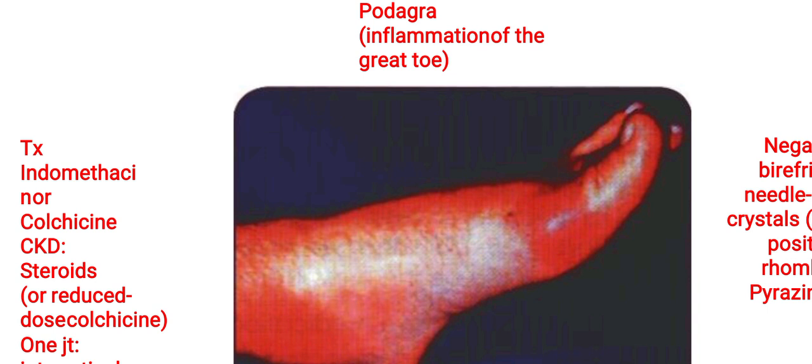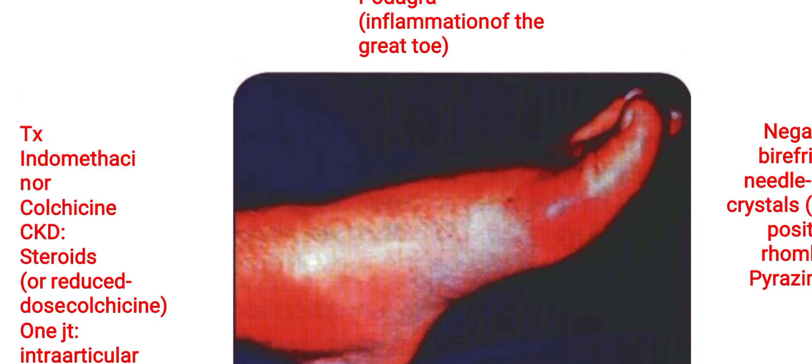Mostly questions come in the exam on the treatment of gout. So you have to see the scenario: either it's asking the initial management, like treating severe pain if the patient is having it, or sometimes they give an association of gout with renal failure, chronic kidney disease.